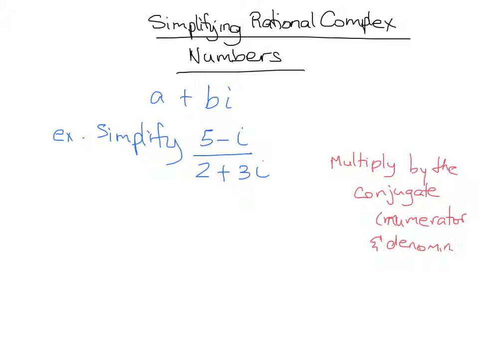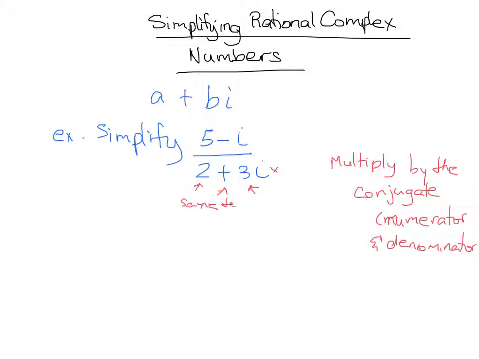The conjugate of the denominator is what we're going to be multiplying by. The conjugate has the same terms, so it will have a 2 in it and a 3i in it, but different signs.